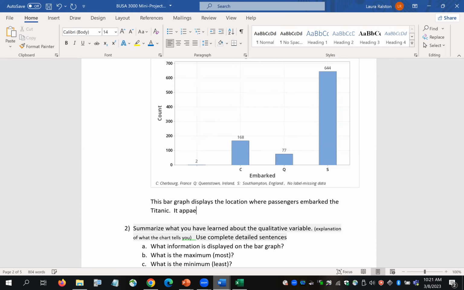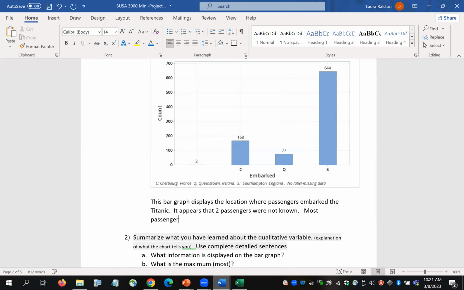It appears that 2 passengers were not identified or not known. We could say most passengers embarked in Southampton, England, which was the start of the voyage. Not that you would know that, but okay.